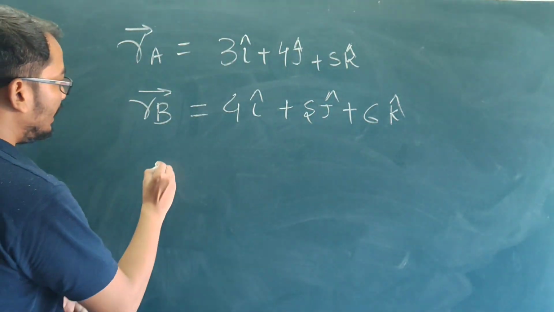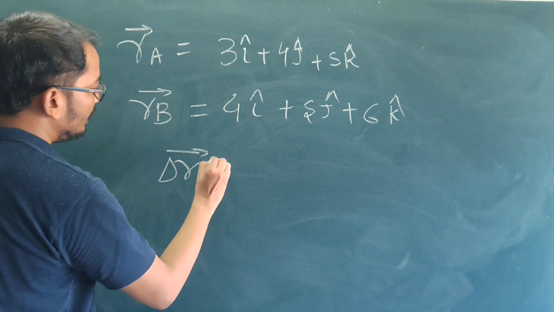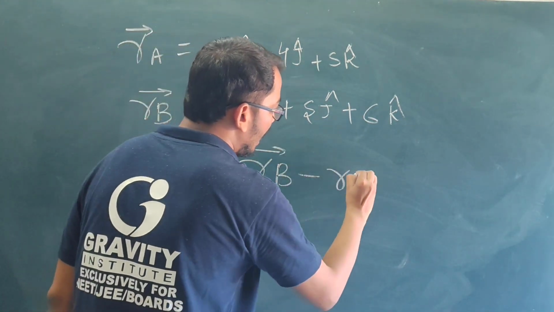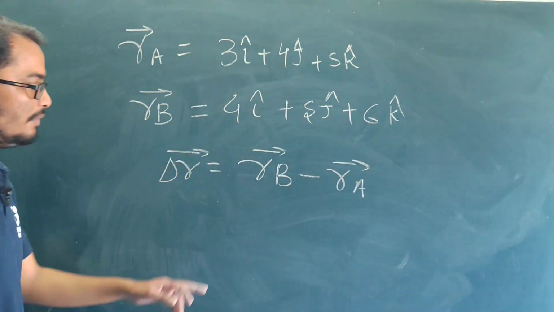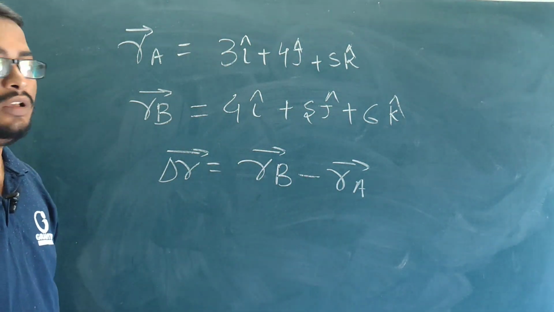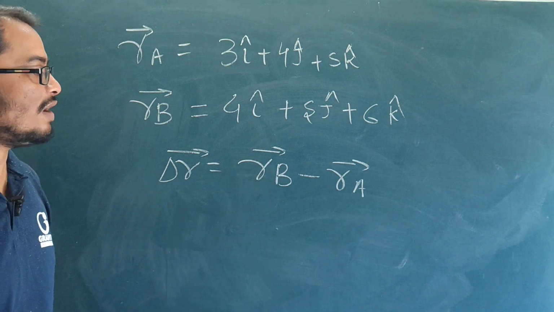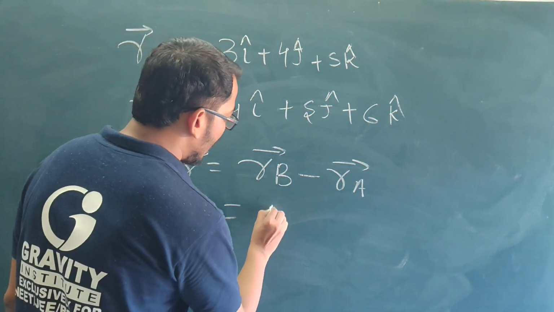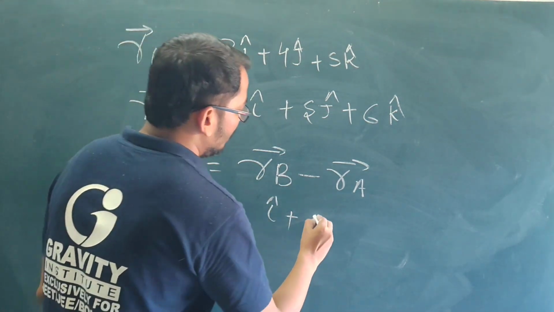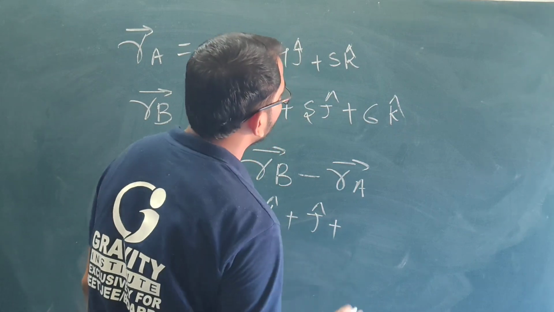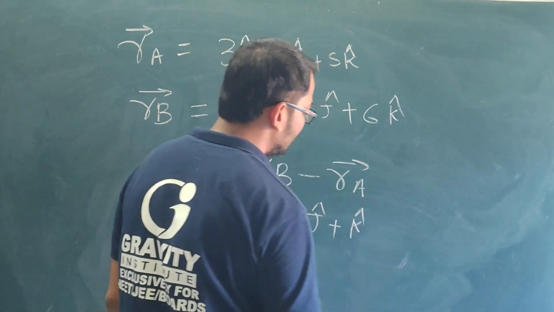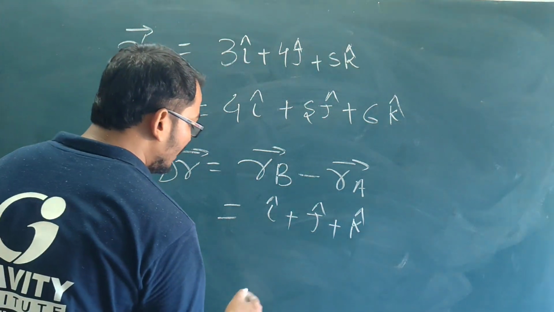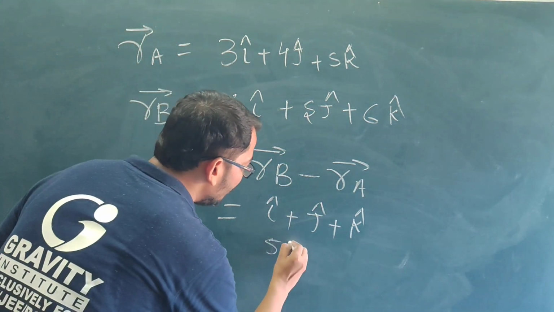So what is delta r? Delta r means rb minus ra, the final position minus the initial position. It comes out to be î plus ĵ plus k̂. The time taken by the particle is 5 seconds.